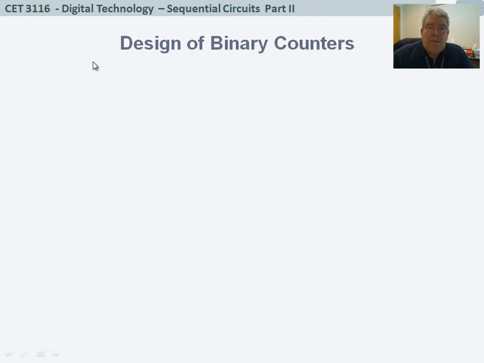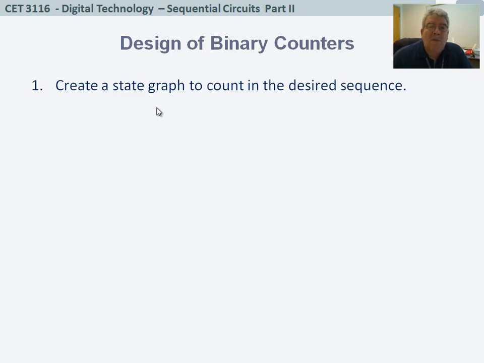All right, so starting with binary counters, if you know exactly what sequence you want to apply for the counter and you want to start the design, the first thing you need to do is create a graph, and that's what is called a state graph. It will give you the sequence of different counts that we have.